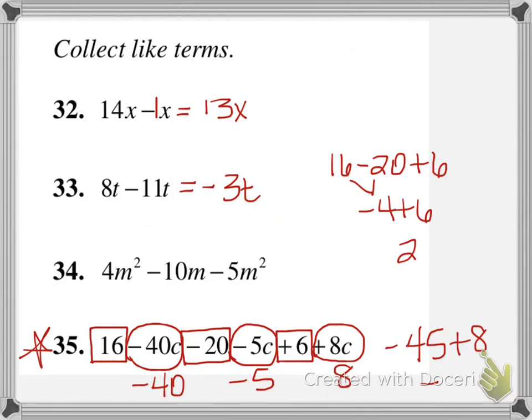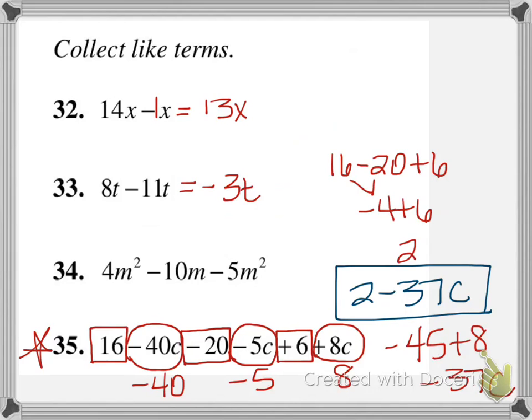I had my ones digit correct. So, what's my final answer? Well, 2 minus 37c would be my final answer. Or you could have written negative 37c plus 2. That would work as well.